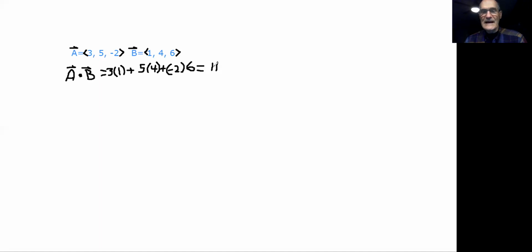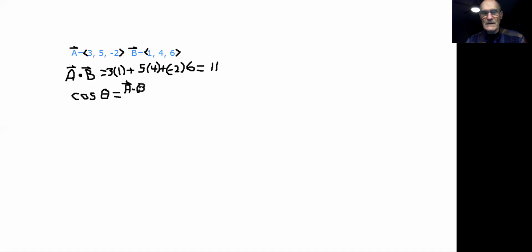Now, if you want to find the angle between the two vectors, the formula for that is the cosine. You take the cosine of the angle, and we'll call the angle theta here, equals the dot product on the top, so that would be A dot B, and we know that from what we just did.